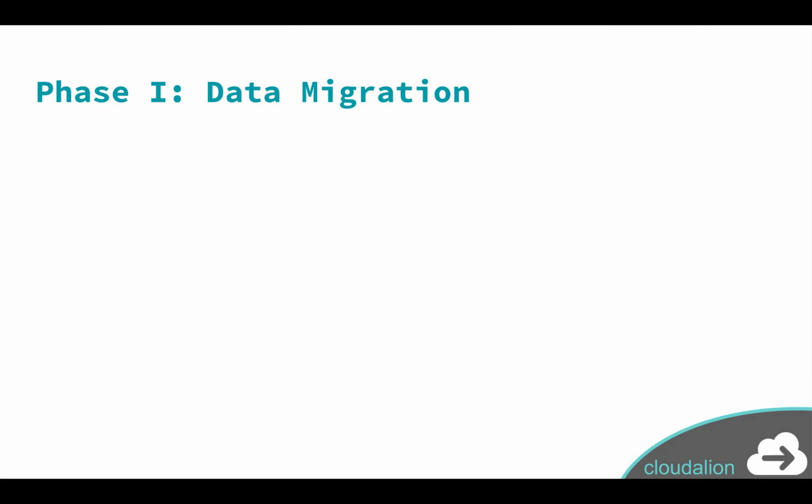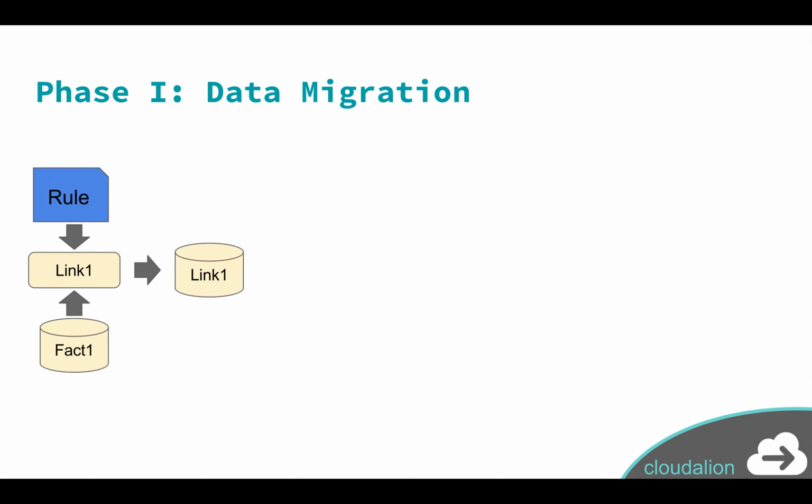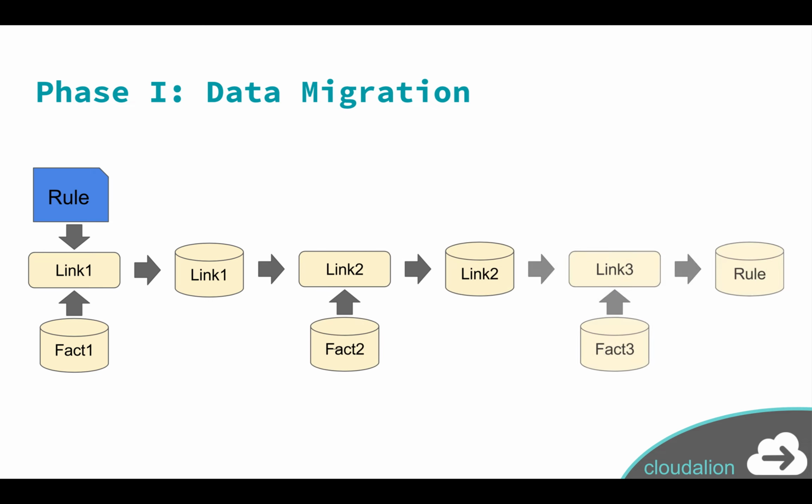and Axiom will, when implemented, first do a data migration. Data migration starts with a certain rule, and it applies the rule to the facts in phases until getting all the intermediate data and all the derived facts out of it.